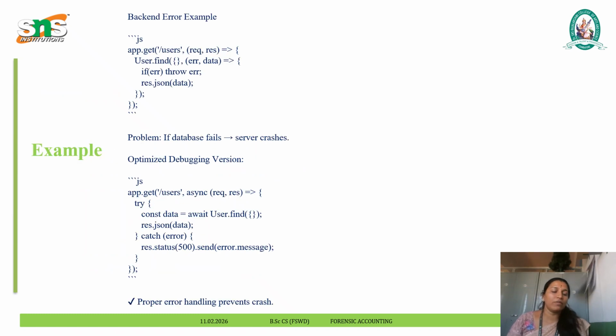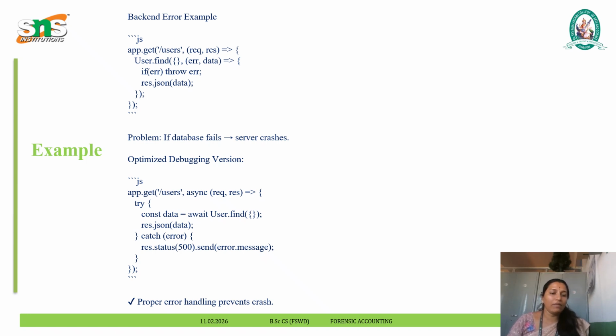Here I have given a small programming code that comes under the backend error example. It comes with the get users, request and response. It comes under finding errors in the data. Through the error, we can find the response, that is JSON data, and what happened inside the JSON data. The problem we identify here is that if the database fails, the server crashes, so we optimize the debugging.